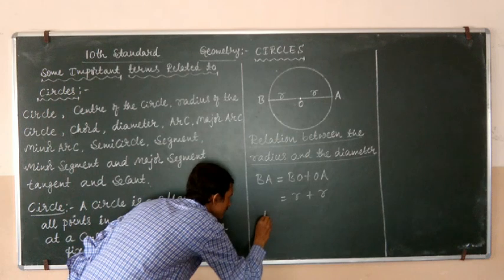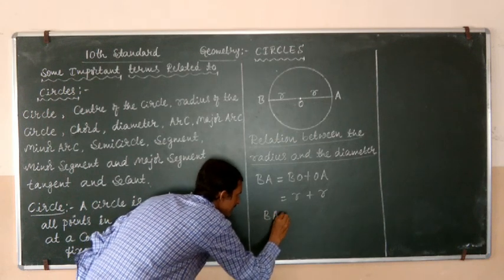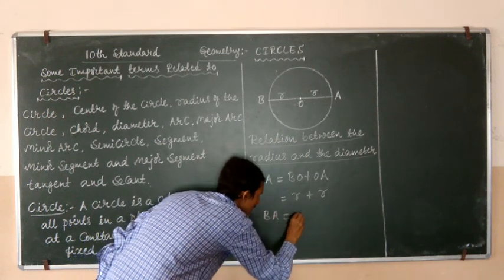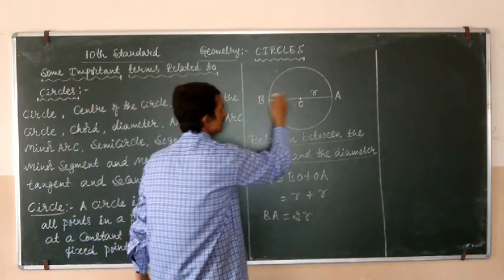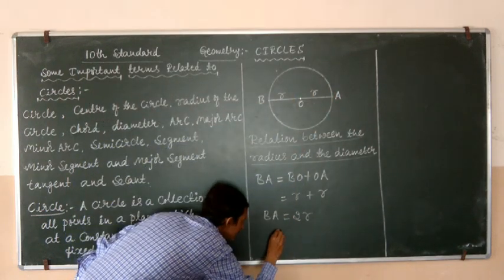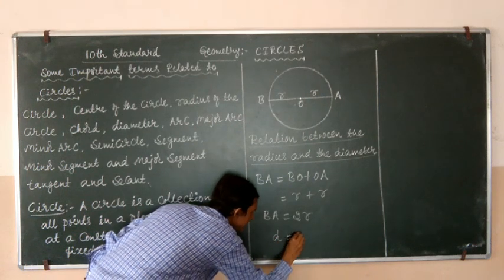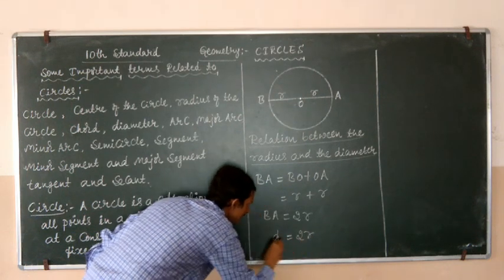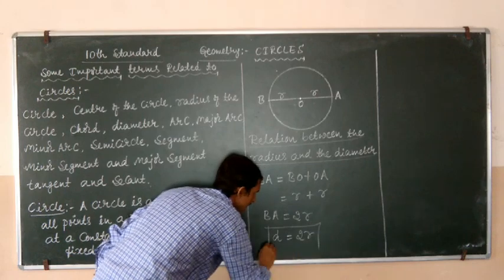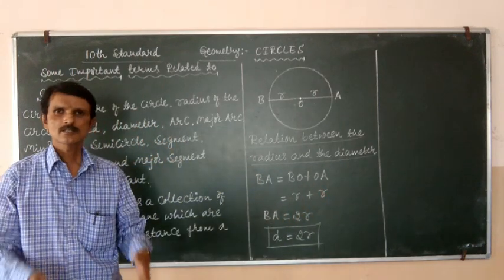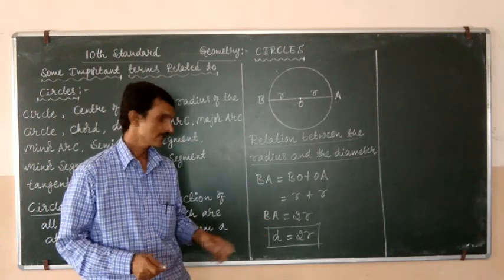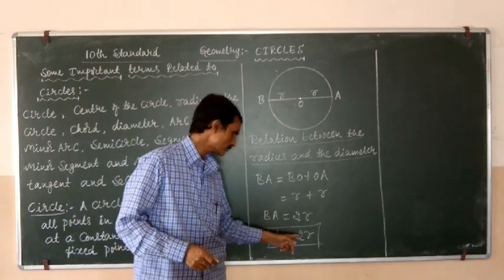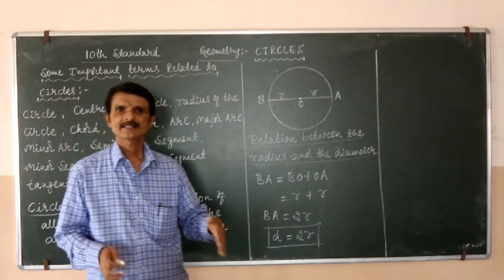So diameter BA equals R plus R, which is 2R. Where BA is the diameter, it is represented by D. D equals 2R. So this is the relationship between the diameter of a circle and the radius of the circle.